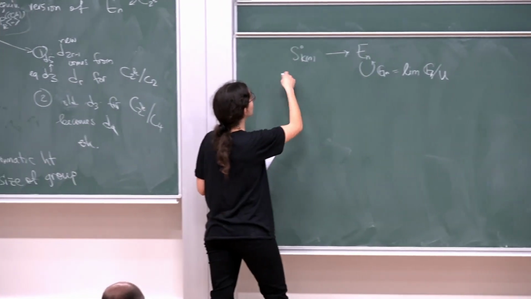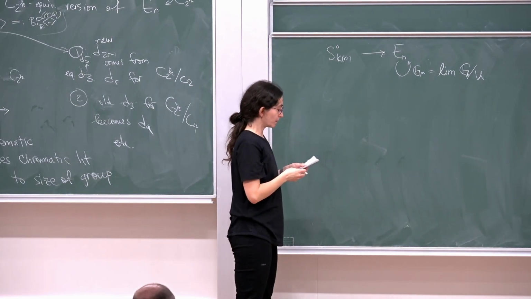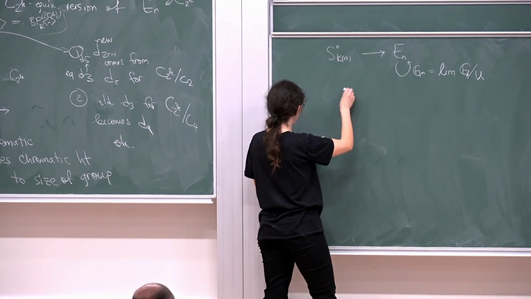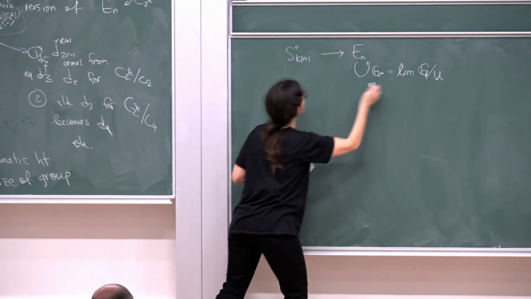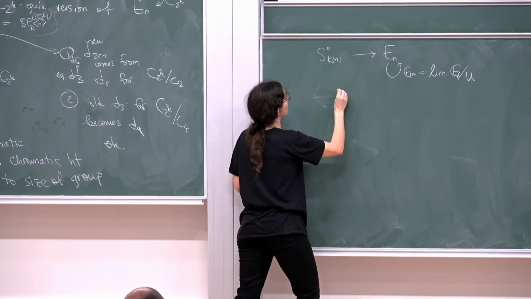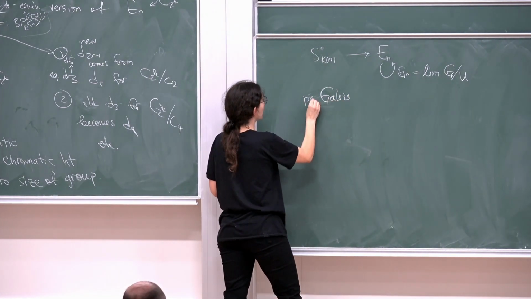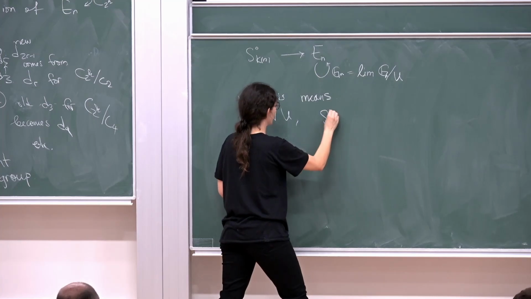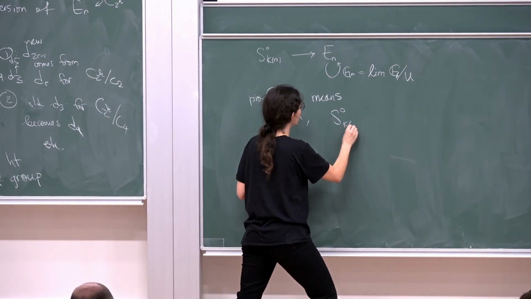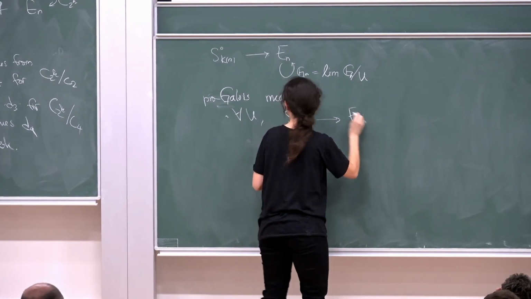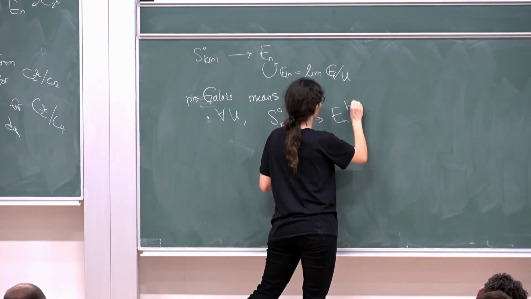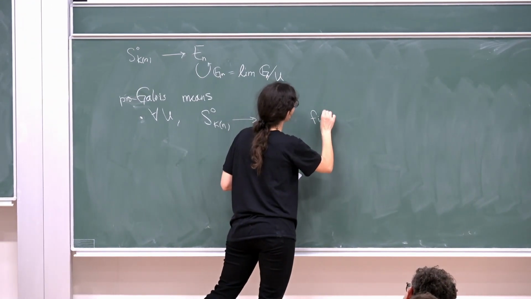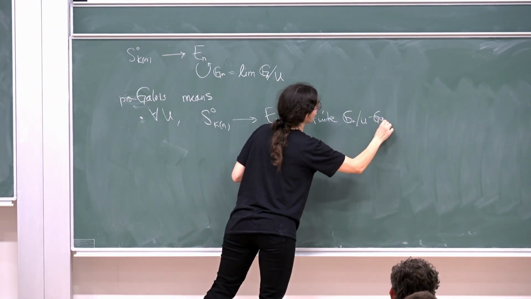So the statement of pro-Galoisness, of this being a pro-Galois extension, contains the following statements: for each of these open subgroups U, we have a finite extension, so we can take the fixed points for the open subgroup, and now this is a finite Gn mod U Galois extension.